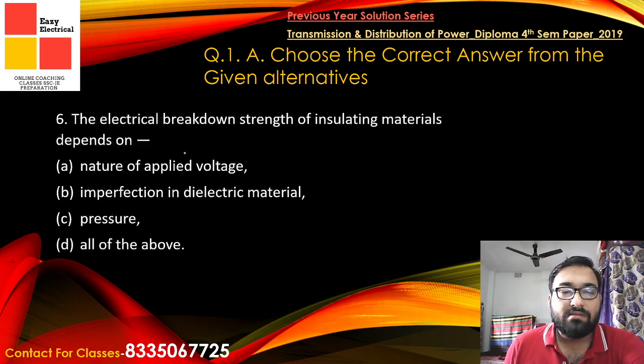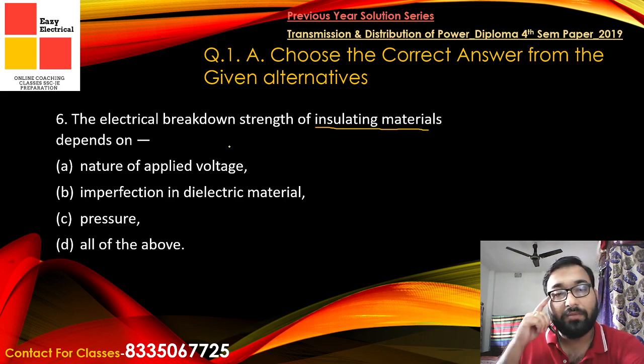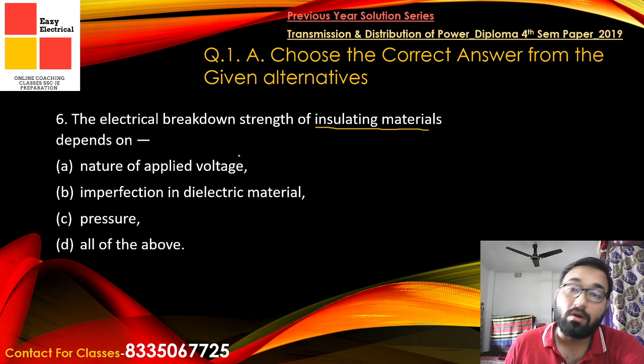The next question is, the electrical breakdown strength of insulating materials depends on what? The insulating materials used in the system are basically determined based on the voltage. Now here, breakdown will depend on which parameters.